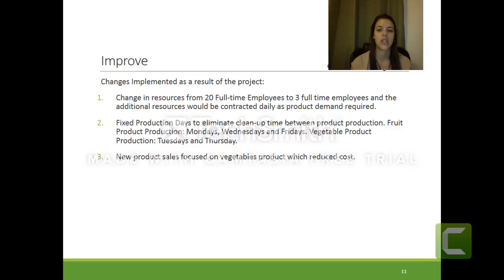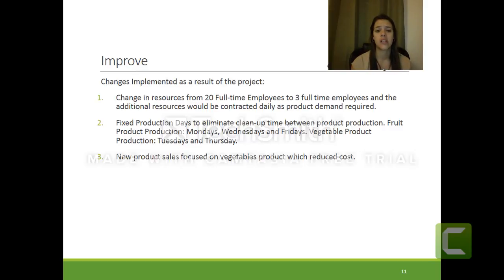So there would be 3 full-time employees coming in day to day, and if there was an increase, we would call an agency and contract a specific amount of personnel for that day. This would require a daily process from the plant manager, but it would give the plant the flexibility to adjust to the product demand.